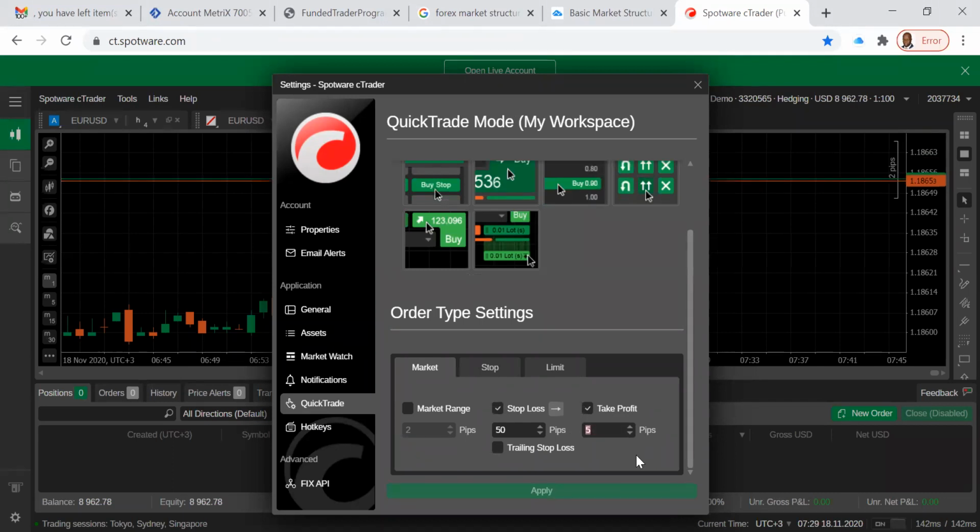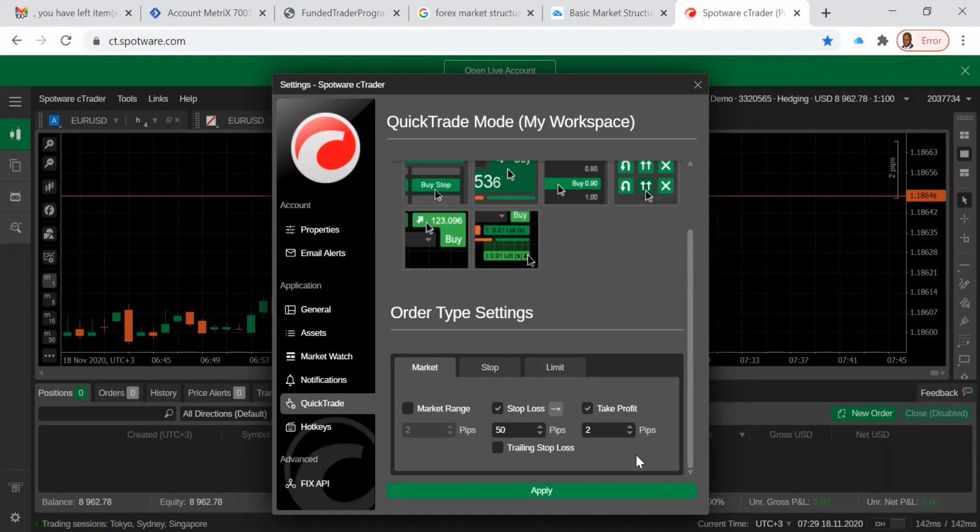You want 2. You don't want 2.1. You want 2. All right. That means when I take my trades, it will take 2 pips because you specified 2 pips. If it is 3, it will be 3 pips. If it is 5, it will be 5 pips. But now we only want 2 pips.